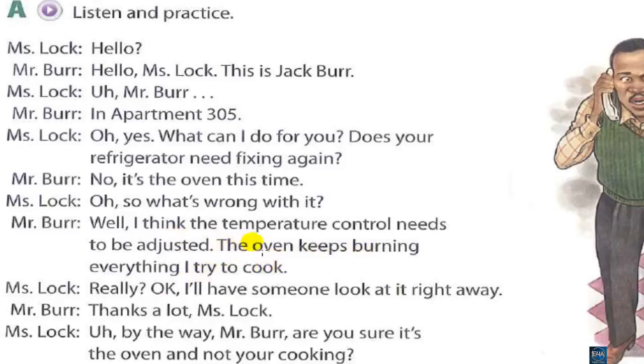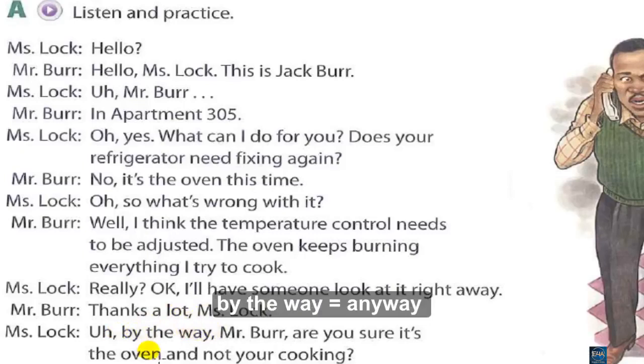So whenever Mr. Burr tries to cook something, it's burnt. Really? Okay. I'll have someone look at it right away. Thanks a lot, Ms. Locke. Thank you very much.